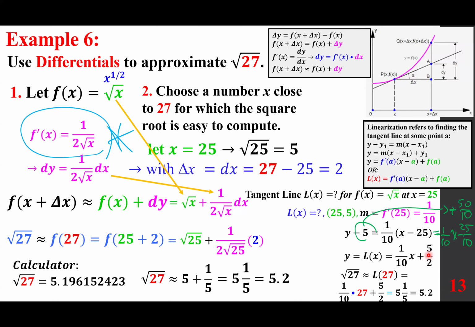And I hope you see that this is 27 over 10 plus 5 halves, 25 over 10, is 52 over 10. 5 and 2/10, or 5 and 1/5, or 5.2. It's very straightforward. I hope everybody is following that. I just wanted you to see the details. Okay.